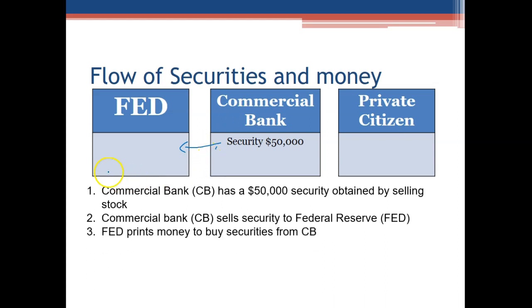The Fed is going to go ahead and just print up some money. Again, that's our assumption. And they're going to use this money to give to the bank. So now the Fed has the security and the commercial bank has the cash. They have reserves.